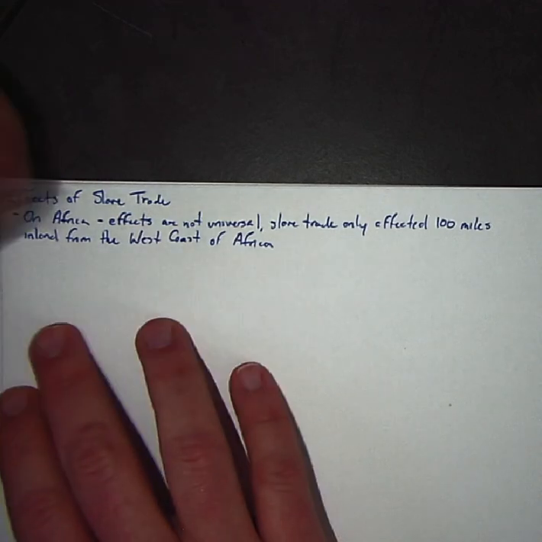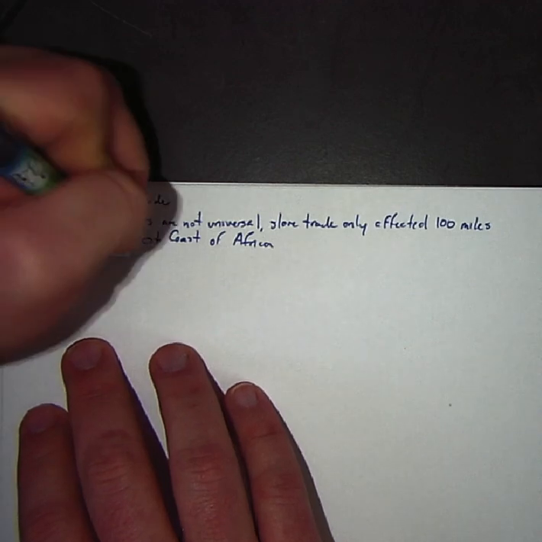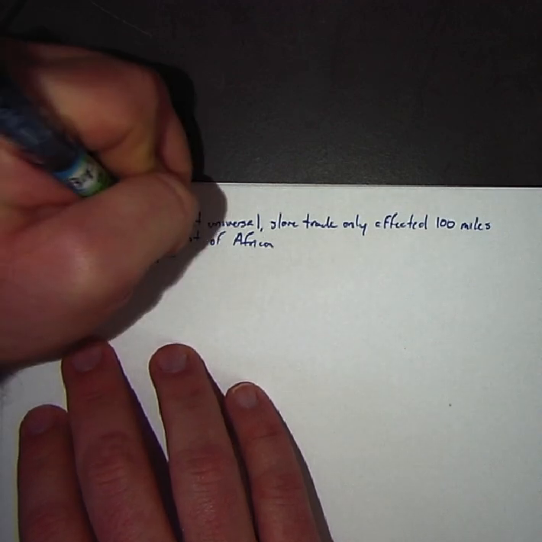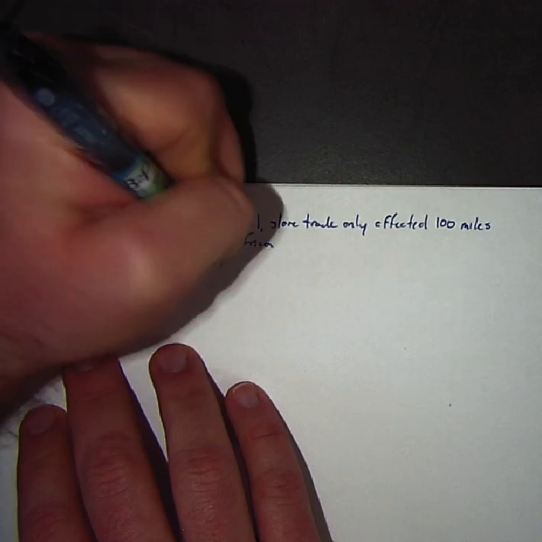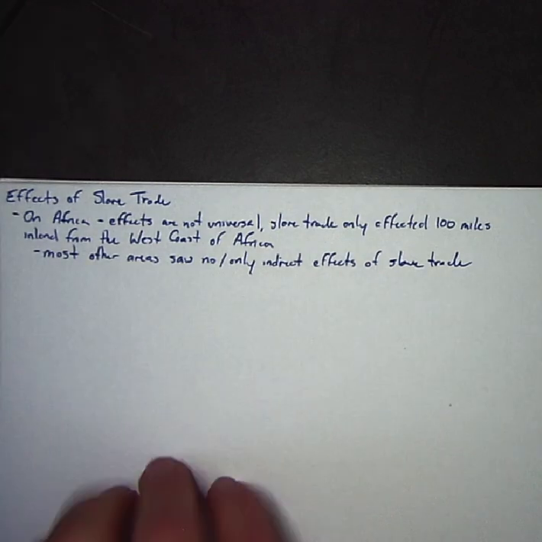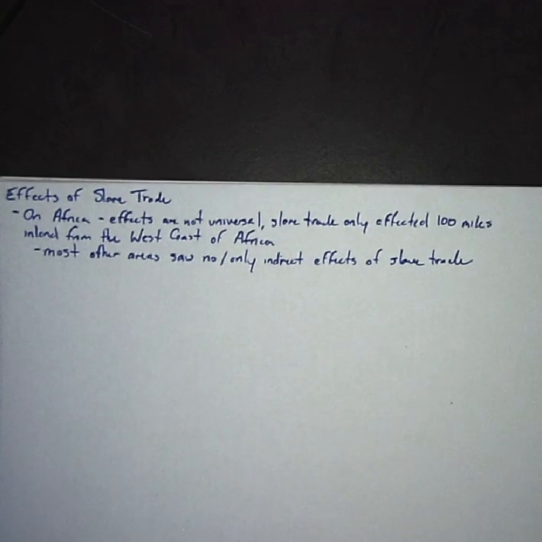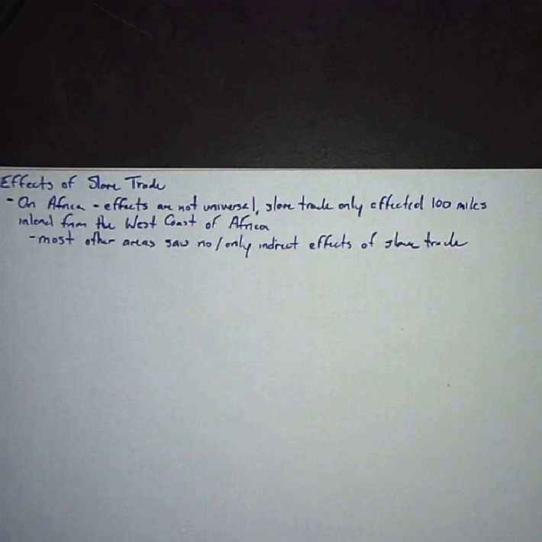Most other areas saw no or only indirect effects. So most slaves came from the west coast and about 100 miles inland from the west coast. Most other areas were more or less unaffected.